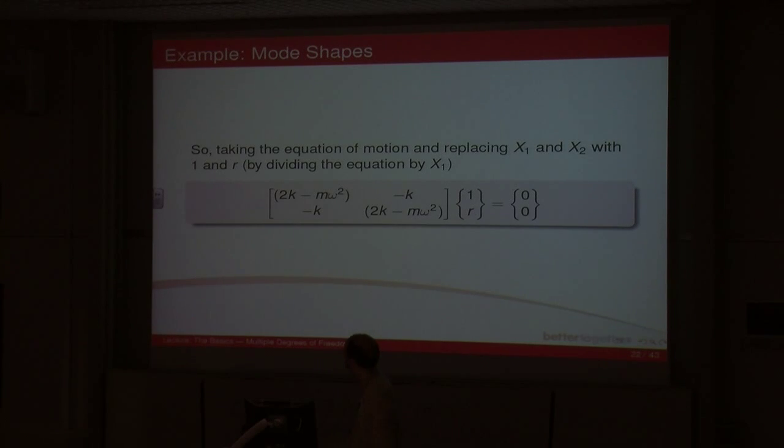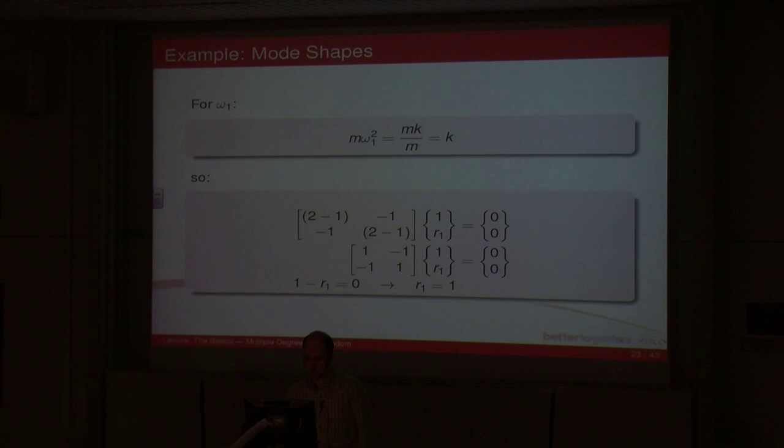Okay, so that's the mechanical impedance matrix, and then we have 1 over r here. So when you've got omega 1, which is root k upon m, omega 1 squared is obviously k upon m. That's going to be m multiplied by k upon m, which equals k. And so all of these things will be in terms of k, so we can get rid of k. We can divide the whole equation by k, and you end up with just numbers.